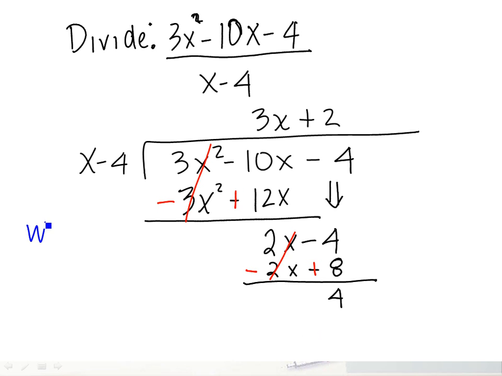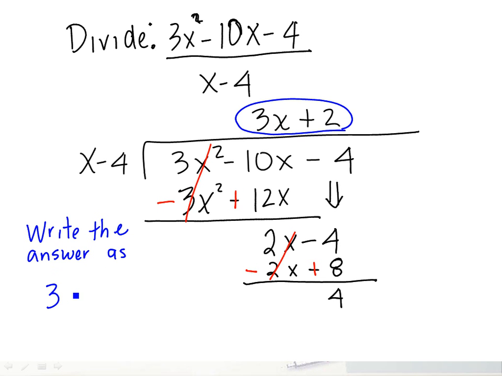Alright. Write the answer as, so we're going to write 3x plus 2, put a plus sign in the middle. Don't forget this plus.